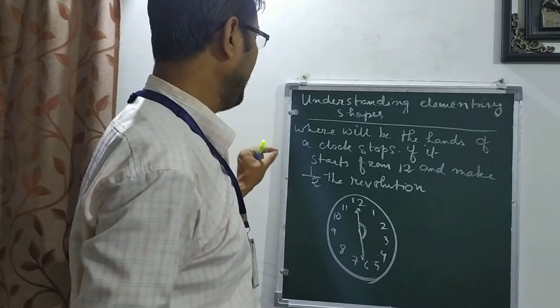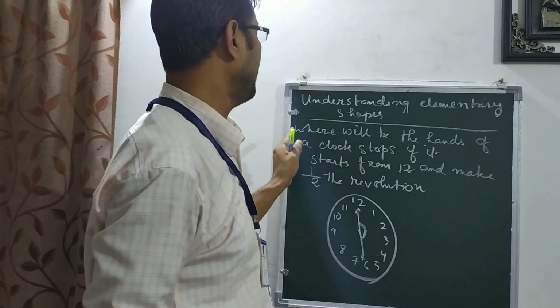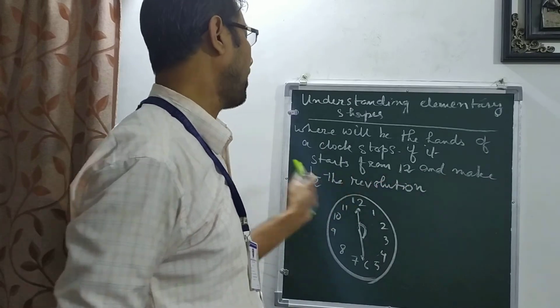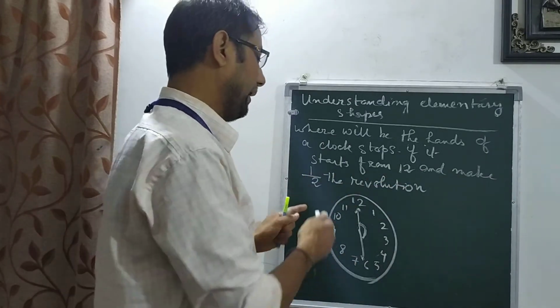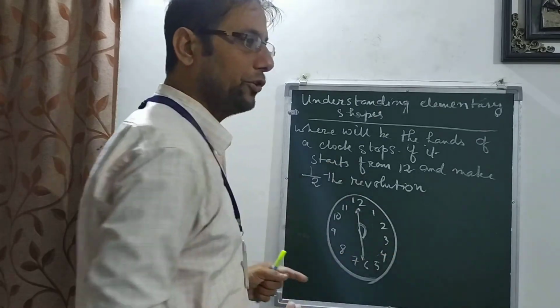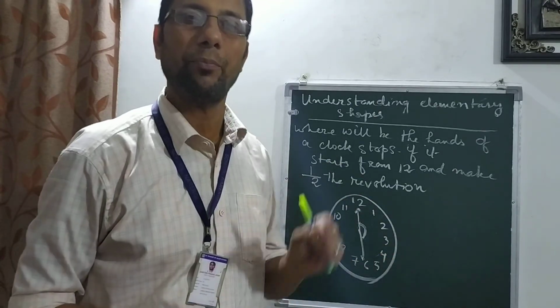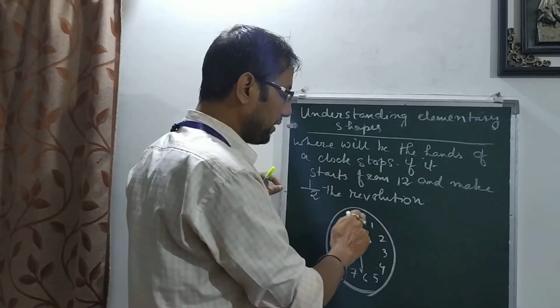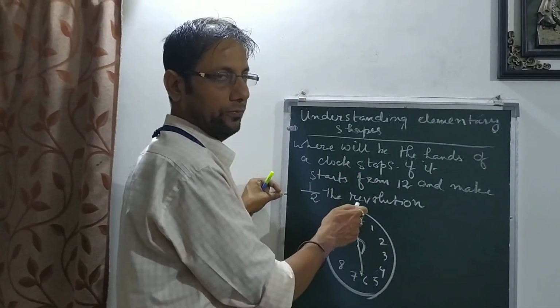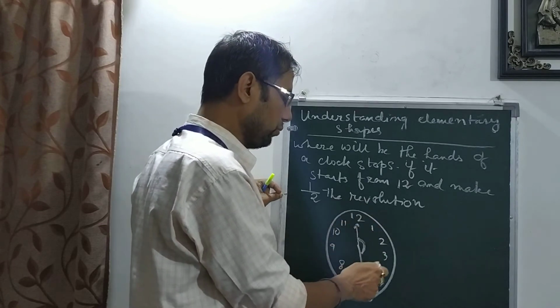Now when it starts from 12 and makes half the revolution, how many parts are there? There are 12 parts, 1 to 12.